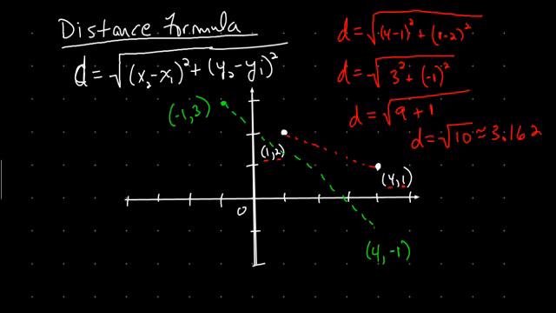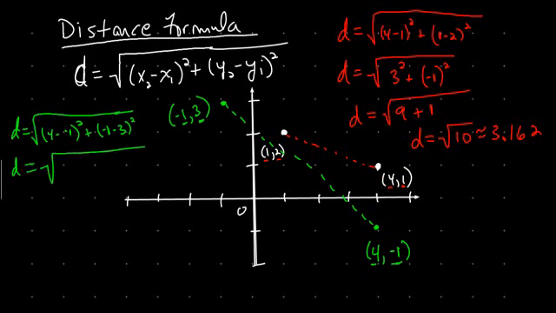Applying our distance formula, we get that d equals the square root of the difference in their x coordinates, or their first coordinates. So it's going to be 4 minus a negative 1, squared, plus the difference in their y coordinates, negative 1 minus 3 squared.